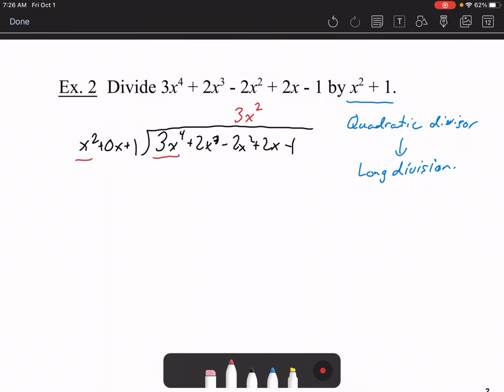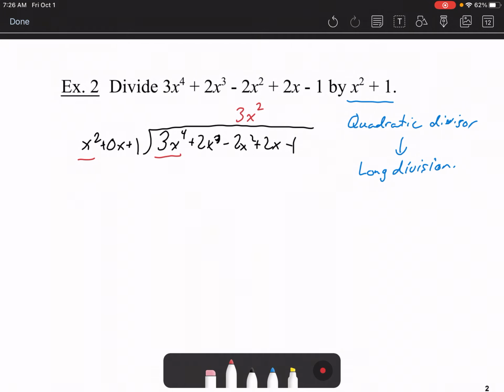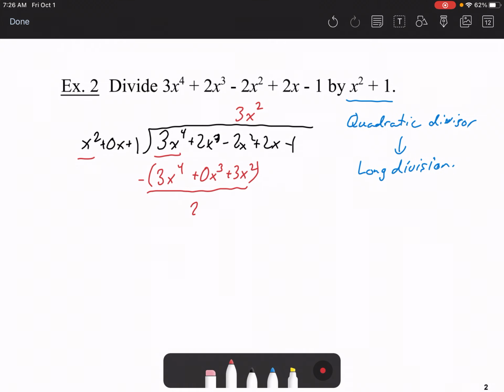You take 3x squared, you multiply by all of x squared, 0x, and plus 1. This answer you're going to subtract from the previous statement. This will give you 2x cubed minus 5x squared.